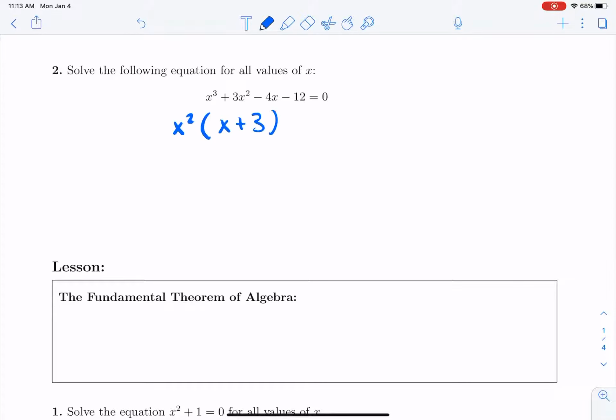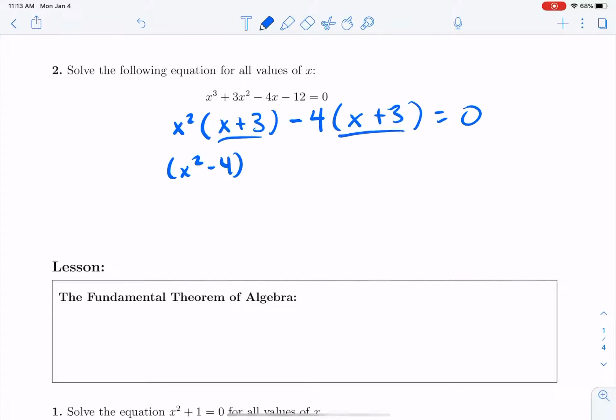Then I'm going to look for a GCF for the next 2 terms, and I've got minus 4. 4 is the GCF, times x plus 3 equals 0. All right, so now I've got x squared minus 4 times, I'm going to group these 2 together, x plus 3 equals 0.